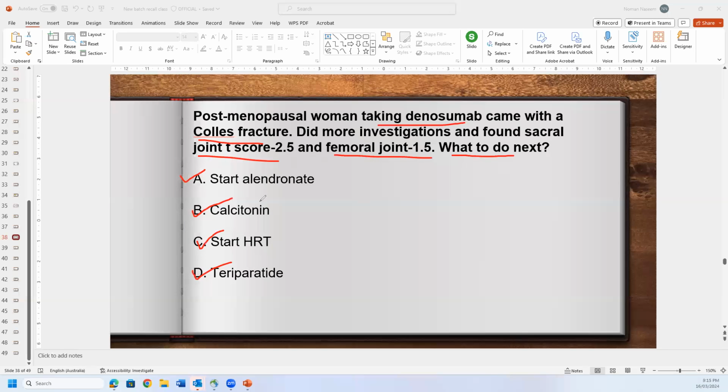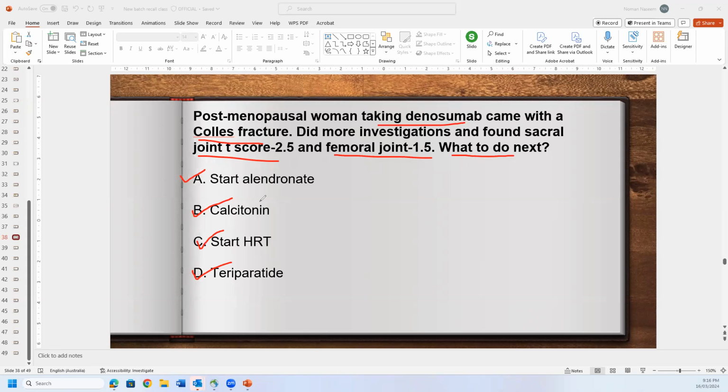So A and C. In postmenopausal females, for the treatment of osteoporosis, we never recommend hormone replacement therapy. If the patient has postmenopausal symptoms and is on hormone replacement therapy, then it will prevent further osteoporosis.